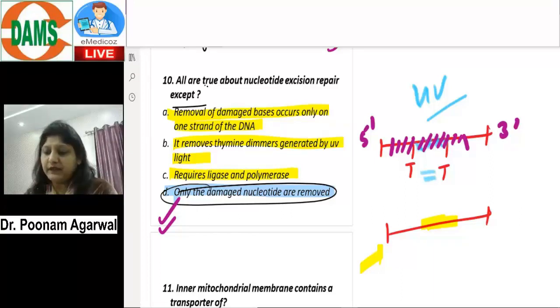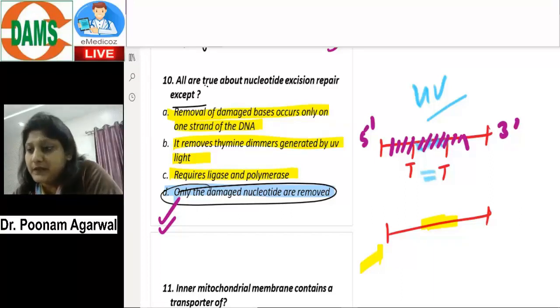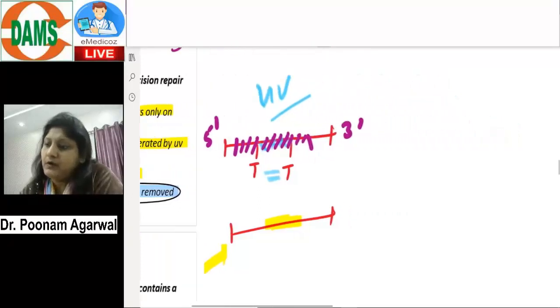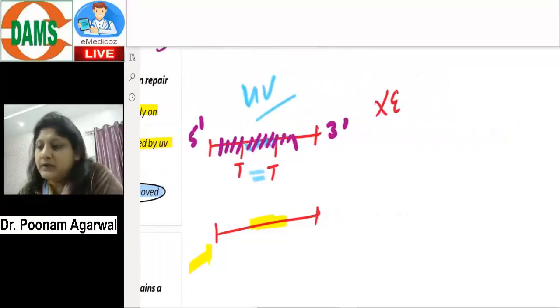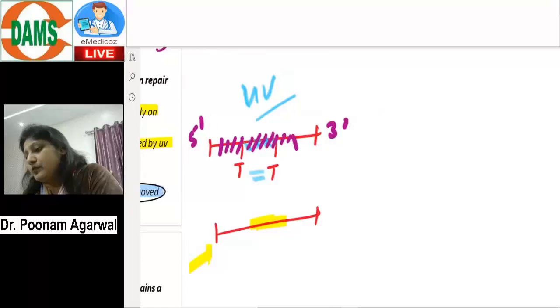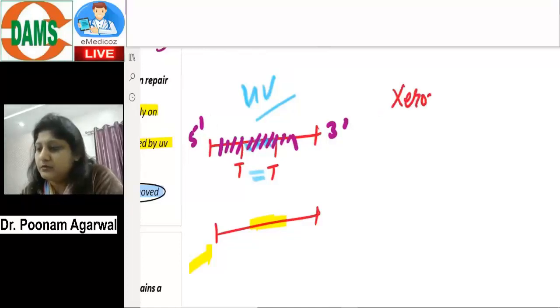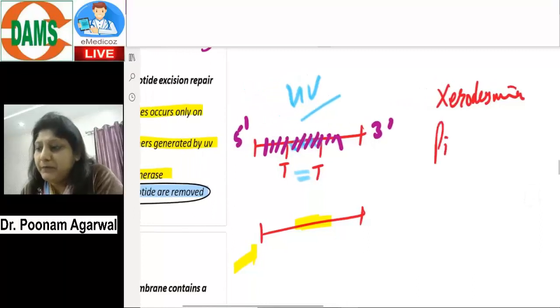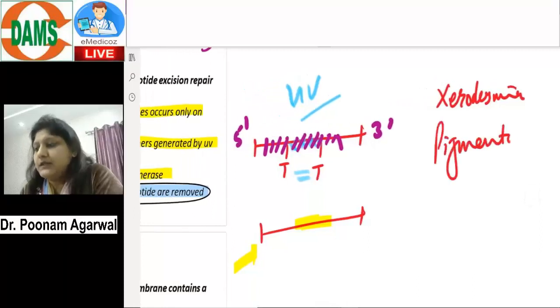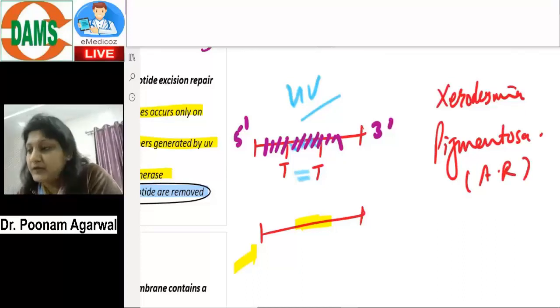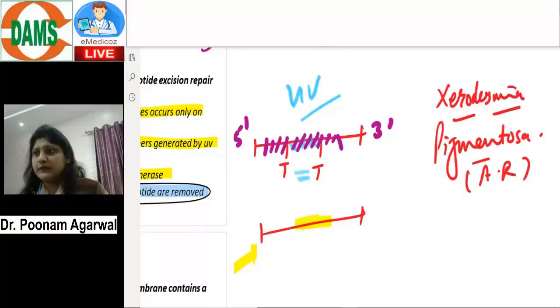And any defect in the overall process results in a disease, and that's why xeroderma pigmentosa is frequently asked. You remember, xeroderma pigmentosa is an autosomal recessive disease, and as the name implies, xeroderma, dry skin, and hyperpigmentation, blistering on the skin, especially on exposure to sunlight.